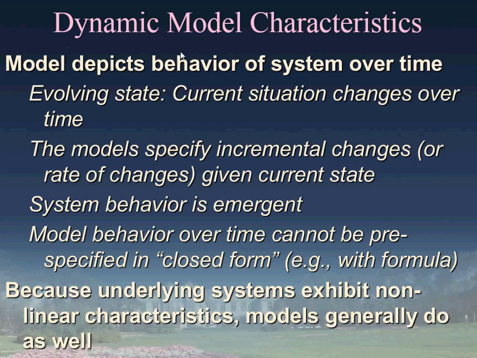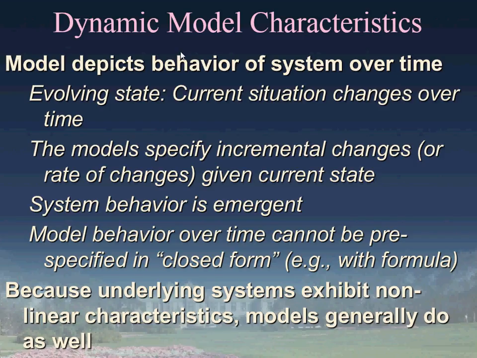These models, very importantly, specify incremental change. They don't actually say, make the system have a disk that will expand at this rate. Not at all. What they say is, if you're in this susceptible state, you can get infected if you've been contacted by someone who's infected. If you're in an infective state, you recover with a certain rate. That's an incremental change. To say, okay, contingent on this being the case, say for an individual, how does it change?